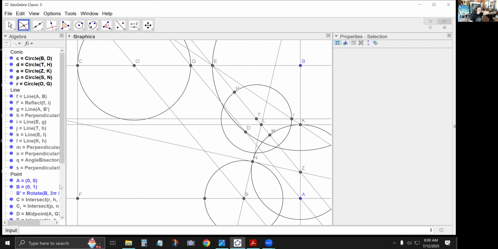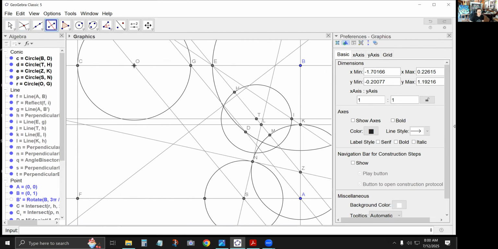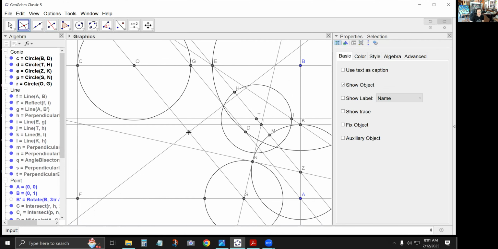And then I want to find the center of this pattern. So that OS divides this thing in half in kind of a strange way. But if I grab my perpendicular bisector tool and put in a perpendicular bisector between S and O, I actually get the center of this rectangle.